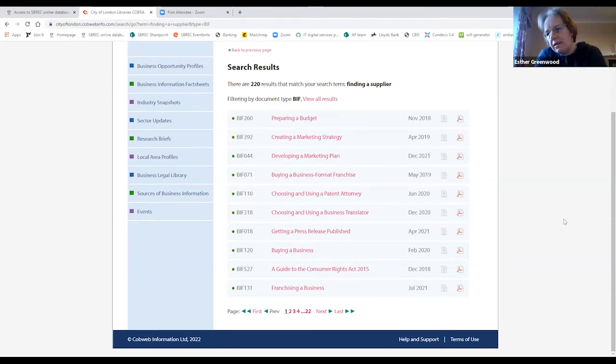Yes, certainly. If you're thinking about trading overseas, then the government has quite a lot of information on their website. But if you're thinking of importing and exporting, there are organisations that can help you. So, for example, the Hong Kong Trade and Development Council acts as an intermediary between firms in the UK and firms in China.